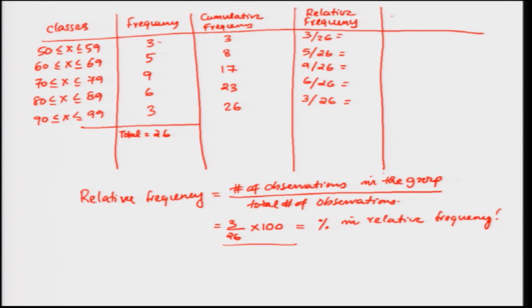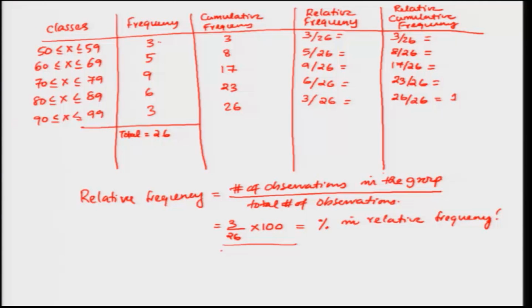Same way, what we call relative cumulative frequency will be 3 by 26 for the first one, then 8 by 26, then 17 divided by 26, then 23 divided by 26, and the last will be 26 divided by 26, which is 1.